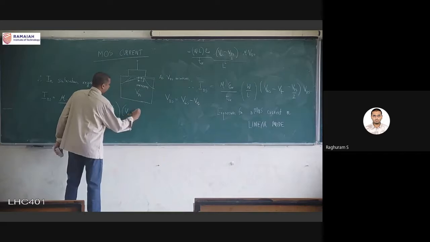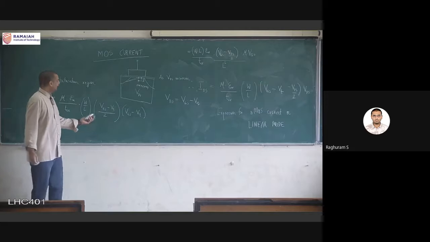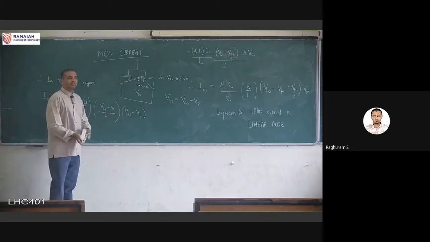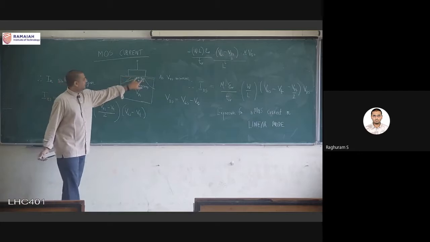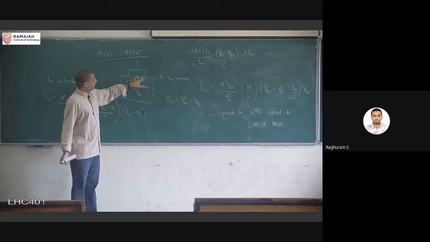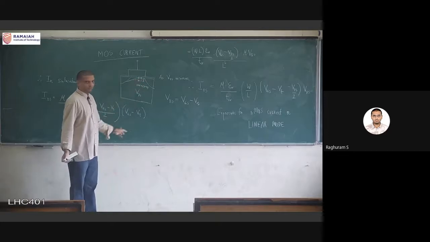VGS minus VT. Why we are replacing is this VGS minus VT is the amount that is responsible for the horizontal movement. The remaining component is only coming across the depletion region, or the pinched off region where there are no charge carriers. So that component does not contribute to the current.